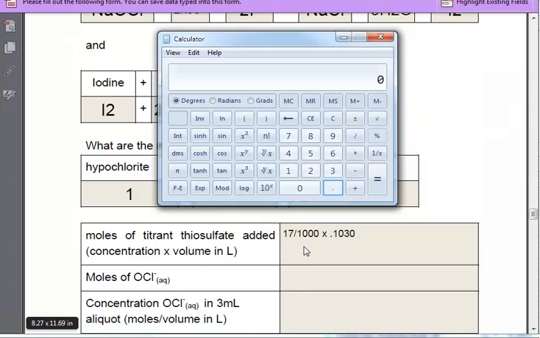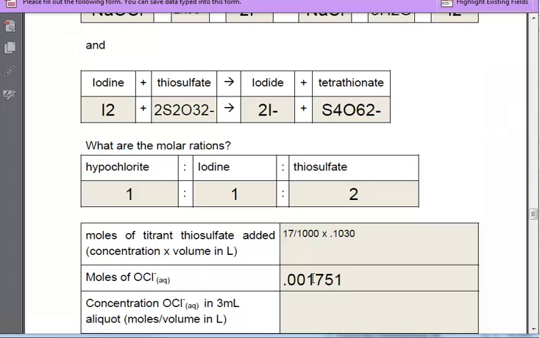Pulling up the calculator, 0.1030 times 17 divided by 1,000. 0.001751. That's how many moles of thiosulfate.